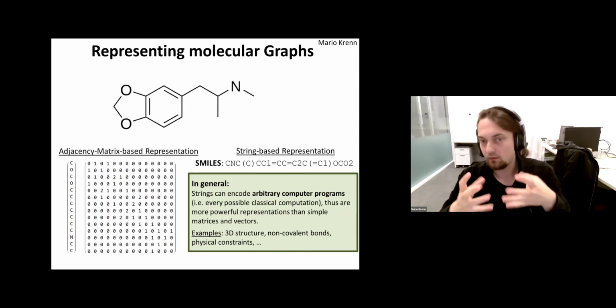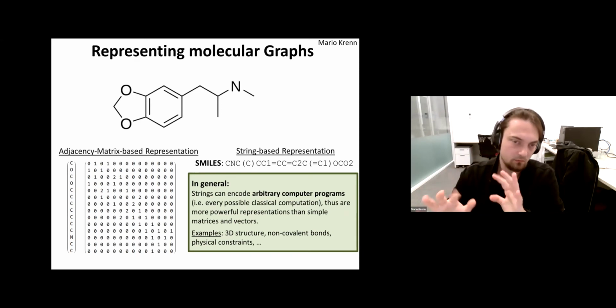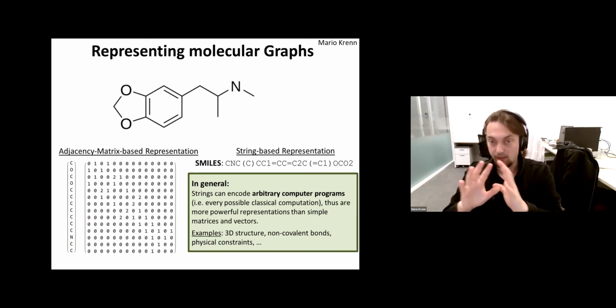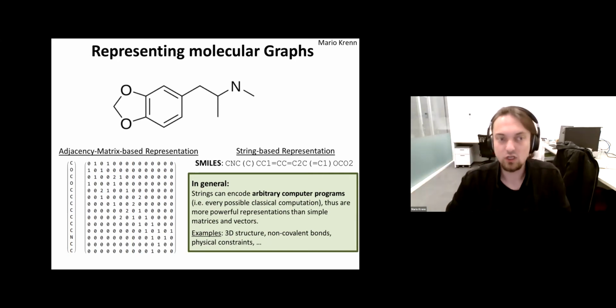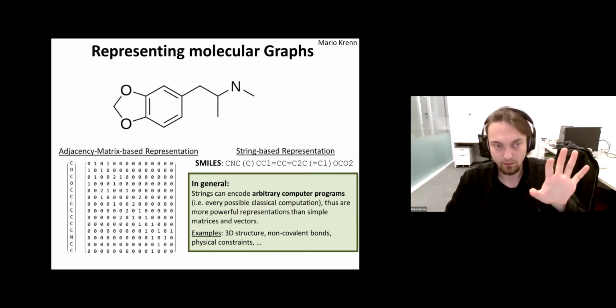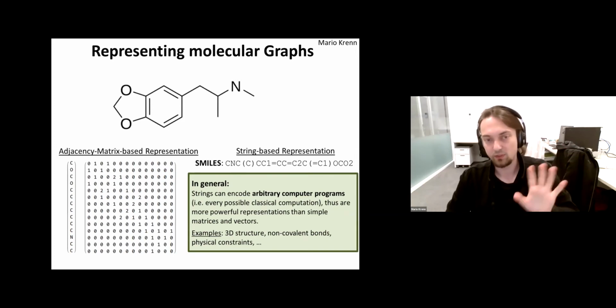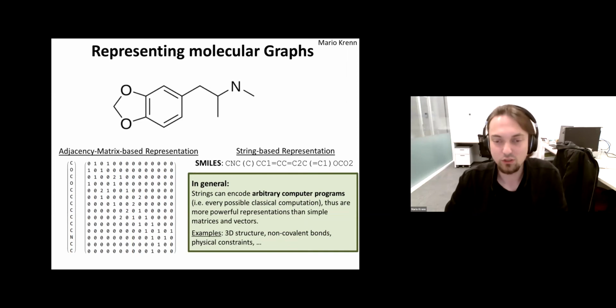Those you can encode quite simply in a string-based representation, which becomes challenging in this adjacency-based matrix representation. But potentially some people in the audience might have a different view on this. But because of this, I will focus now on string-based representations.